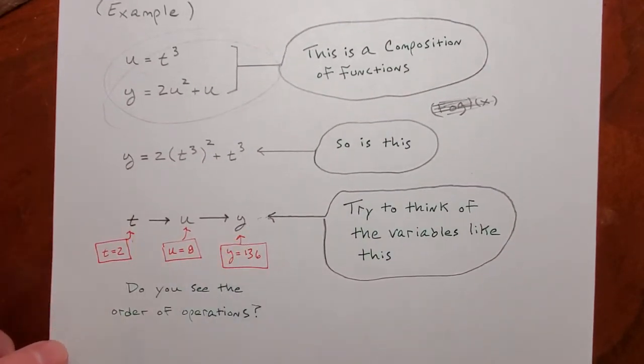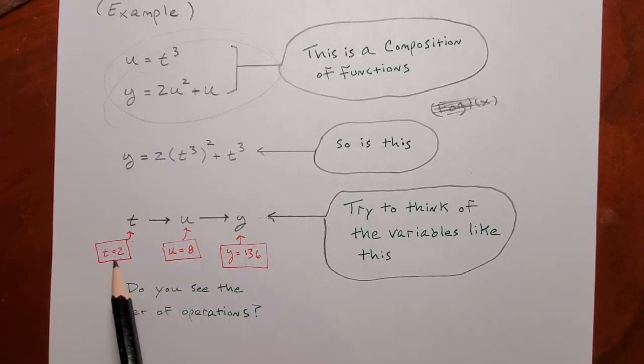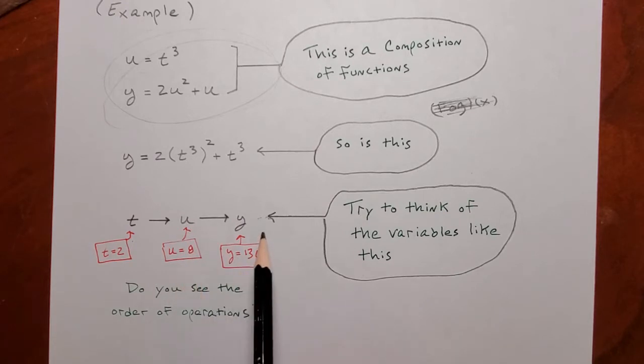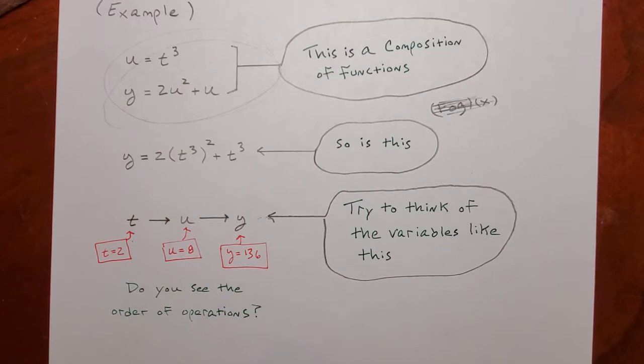Maybe that's why it's called the chain rule. There's this chain of cause and effect where, say I told you that t was 2. Then you could calculate that u is supposed to be 8. And then once you know that u is 8, you calculate y to be 136 by those equations. Okay? So there's an order of operations. You're given t, you calculate u, and then you calculate y. There's a chain over which the variables are linked together.